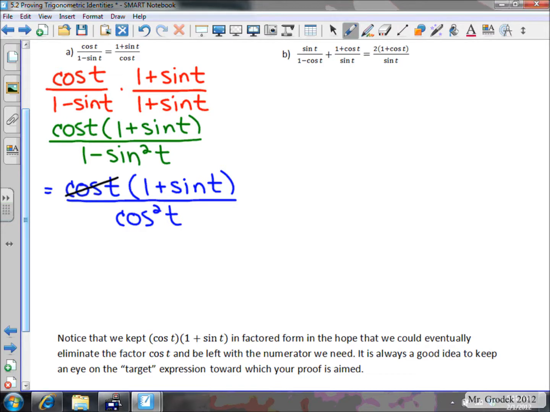The cosine in the numerator cancels one of the cosines in the denominator. We'll be left with 1 plus sine t over cosine of t, which is exactly what we want.